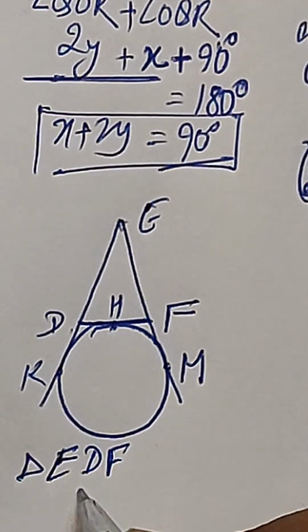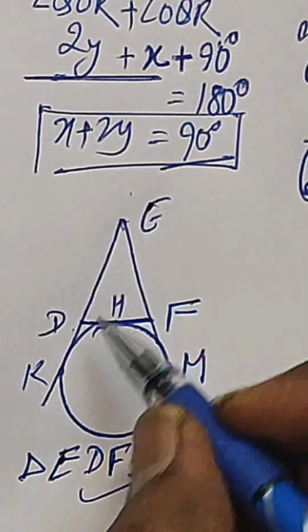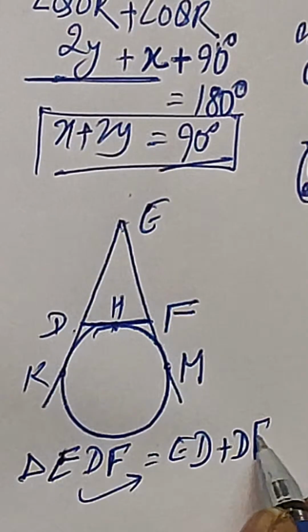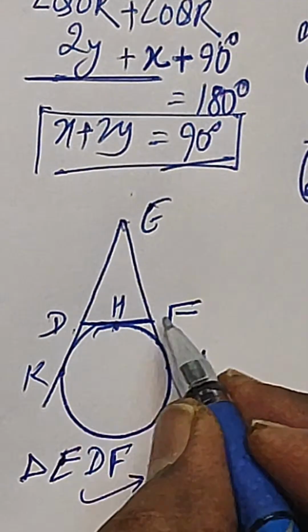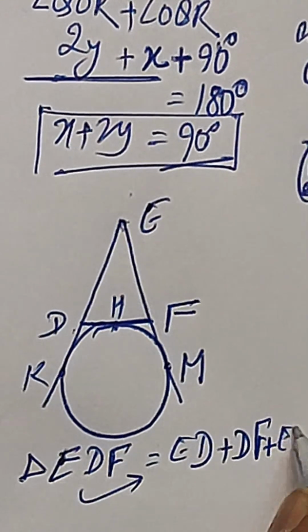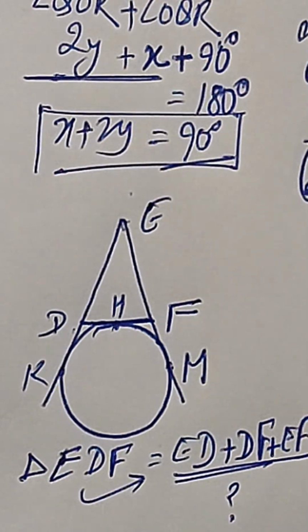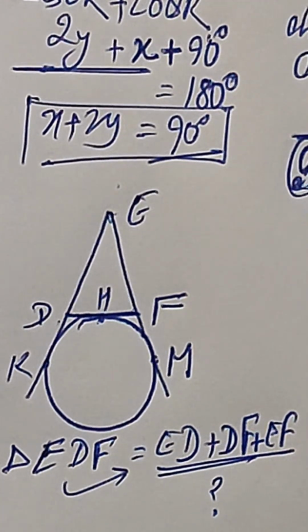In triangle EDF, perimeter will be equal to ED plus DF plus EF. It will be 18 centimeters, 13.5, 12 or 9, so that needs to be calculated.